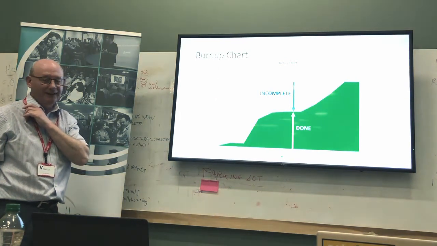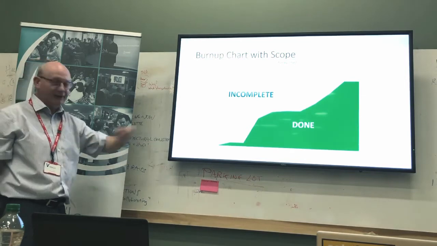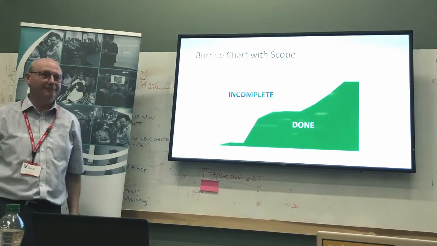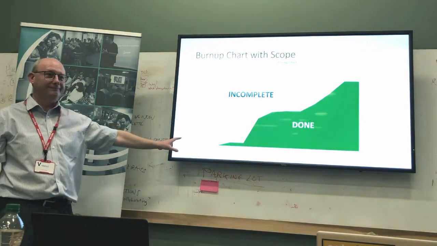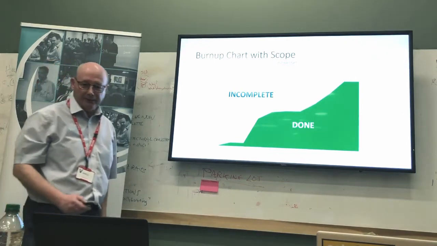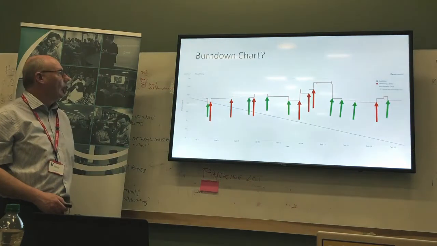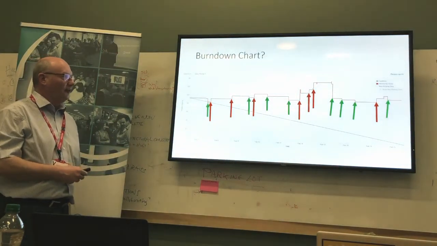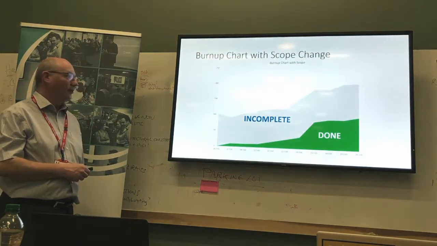Okay. So what about if we plot what we've done and what we haven't done? So this is still actually that ideal sprint. Pretty much I've fudged this bit. So now, what does it look like for this sprint? Well, it actually looks like that.